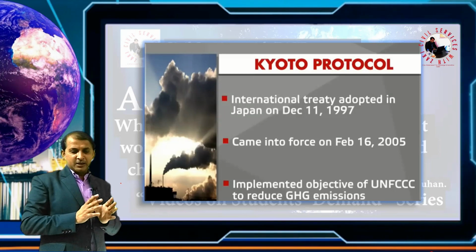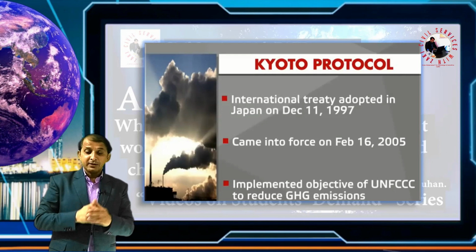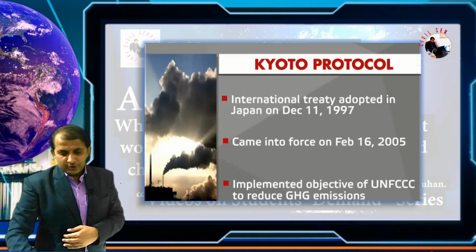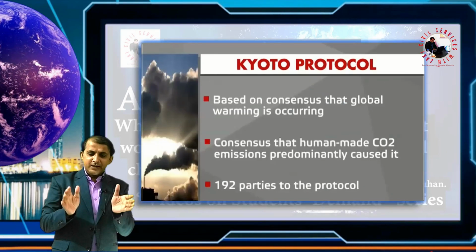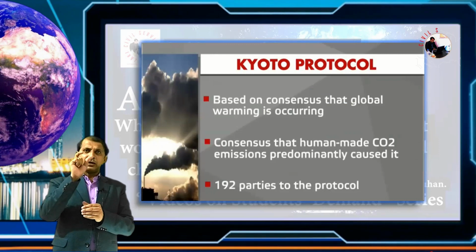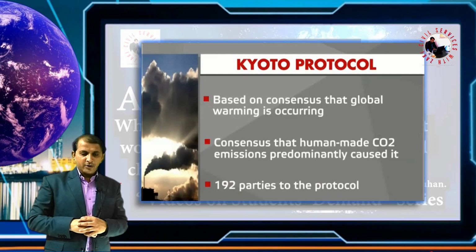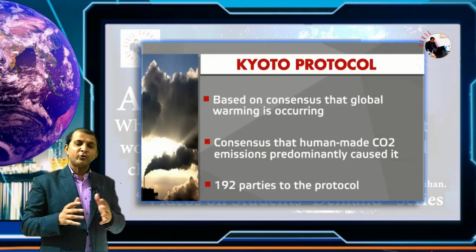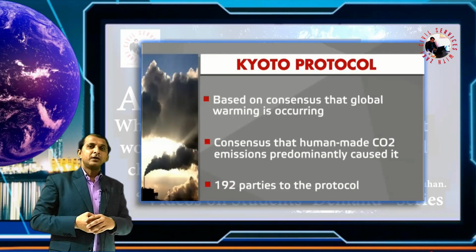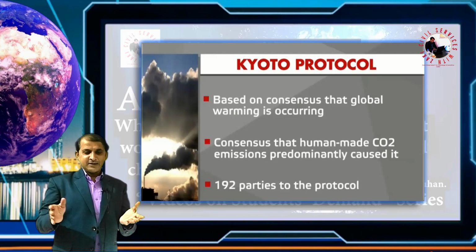It implemented the objective of the UNFCCC, the United Nations Framework Convention on Climate Change, to reduce greenhouse gas emissions. It was based on the consensus that global warming is occurring and that human-made carbon dioxide emissions predominantly caused it. There were 192 parties to the protocol, and unfortunately the United States did not sign the treaty.